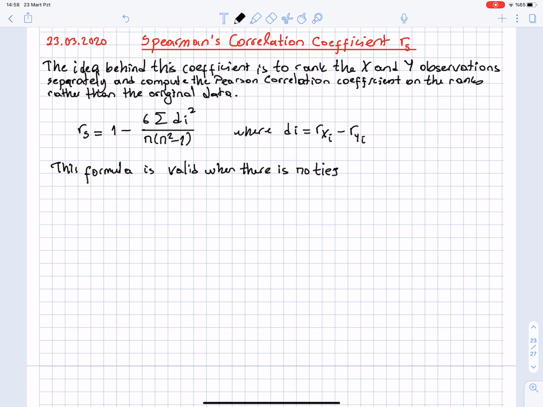You shouldn't have similar rankings. For similar rankings, you're not able to use this formula to get the Spearman correlation. So what you do is use the Pearson correlation coefficient formula on the ranks to get the Spearman rank correlation. So this is a good, easy formula to get the Spearman rank correlation when there are no ties.